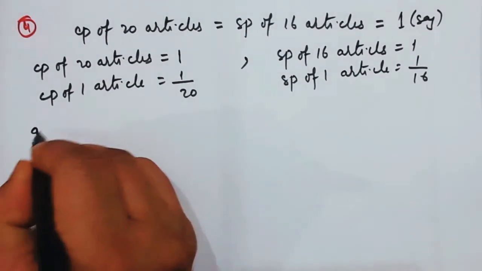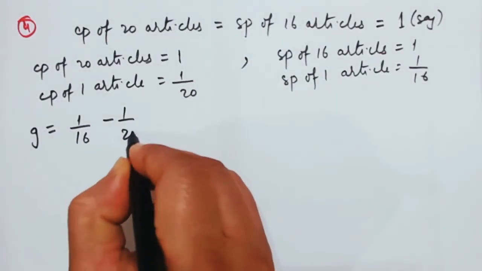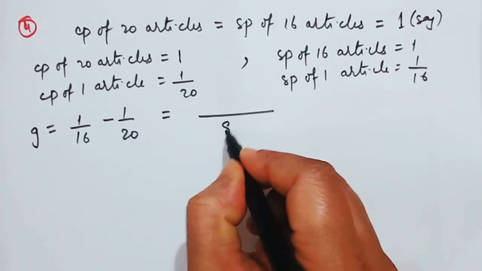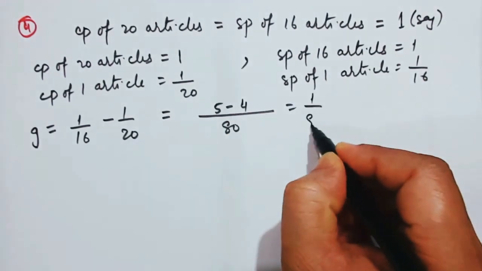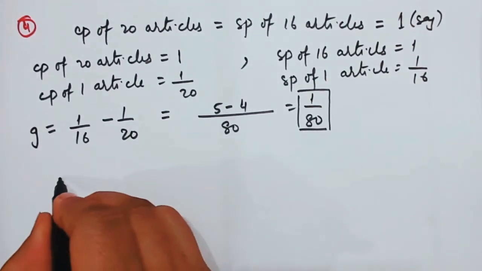So gain is equal to how much? 1 by 16 minus 1 by 20, selling price minus cost price, will be equal to 1 by 80. This is your gain. Can't you find the gain percent?